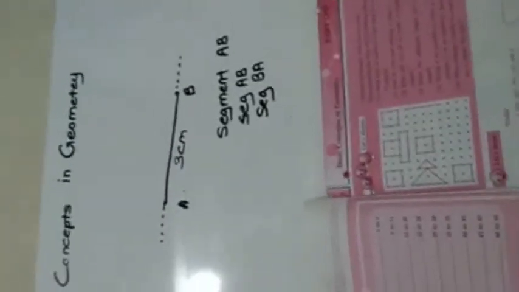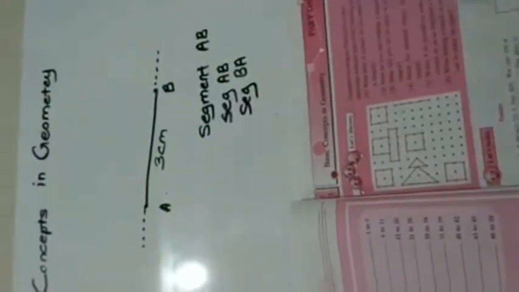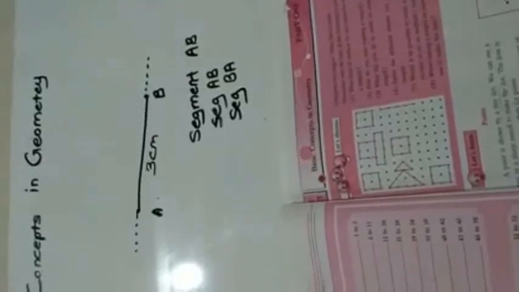But how long can it be extended? If you refer to this board, then it will be extended till the edges of my board. If you are drawing it on paper, then it will be till your paper gets over, or till the boundary of your paper we can draw the line.